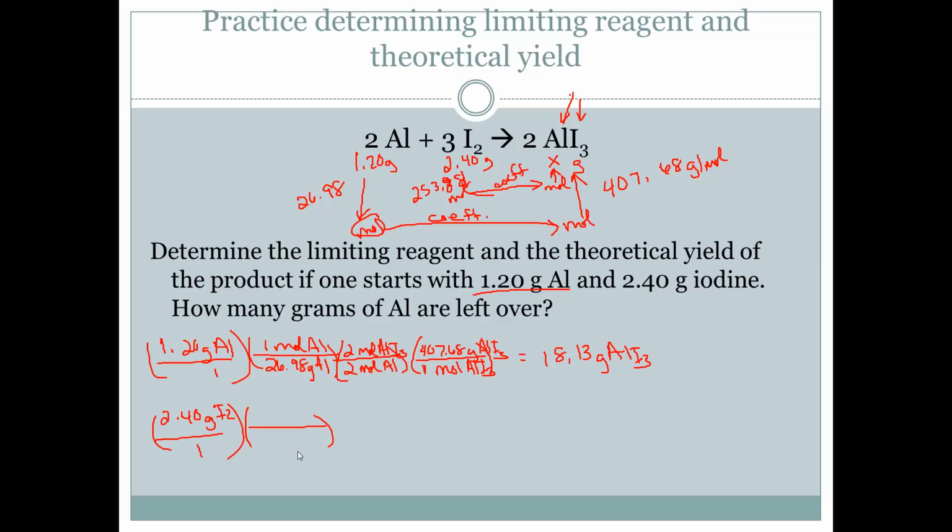To get from grams to moles, we use the molar mass. 253.8 grams of iodine is 1 mole of iodine. Use the coefficients: 3 moles of iodine yield 2 moles of AlI3. Then 1 mole of AlI3, and we're going to convert that over to grams by using the molar mass.